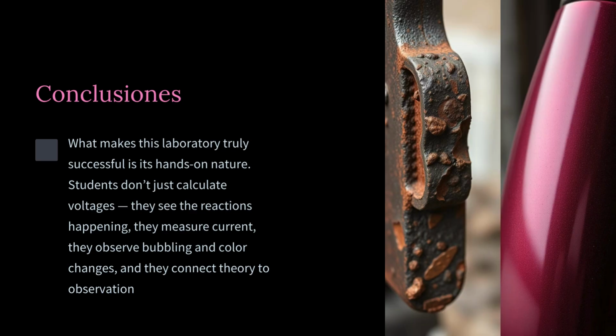What makes this laboratory truly successful is its hands-on nature. Students don't just calculate voltage, they see the reactions happening. They measure current, they observe the bubbles and colors change, and they connect theory to observation.